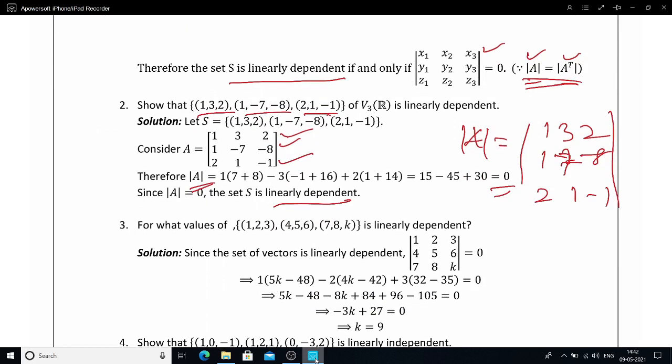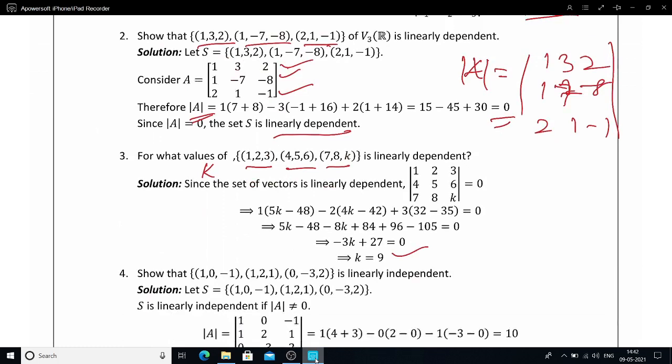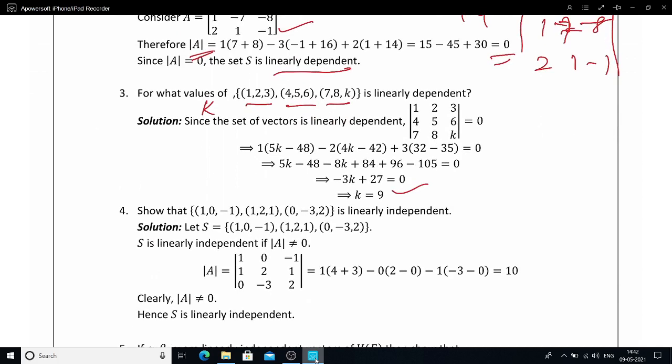For what value of k is the set linearly dependent? Let me form again. Treat each vector as a row of the determinant and expand. We get 9. That means if k is 9, then the vectors are linearly dependent. Another example.